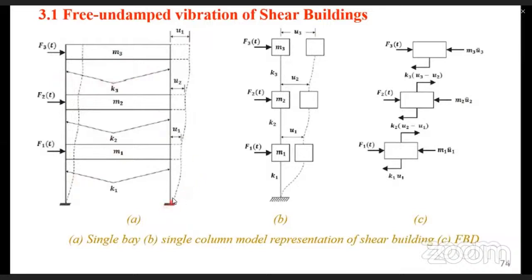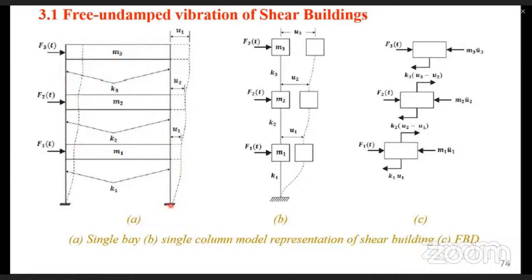And be very careful with the base fixity, because the way this sketch is done here, I believe the author, whether by mistake or intentionally, assumed this column support to be a pinned joint, right?